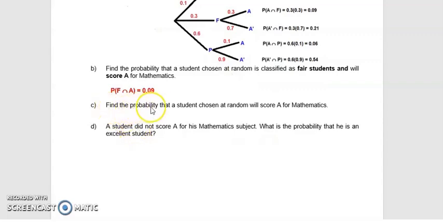Okay, C. Find the probability that a student chosen at random will score A for mathematics.